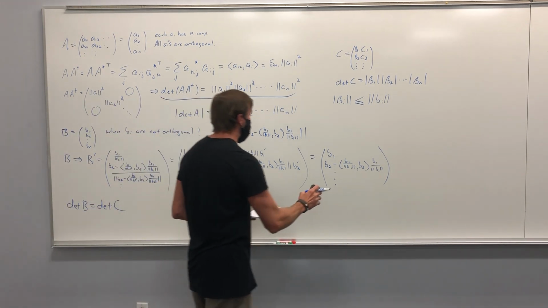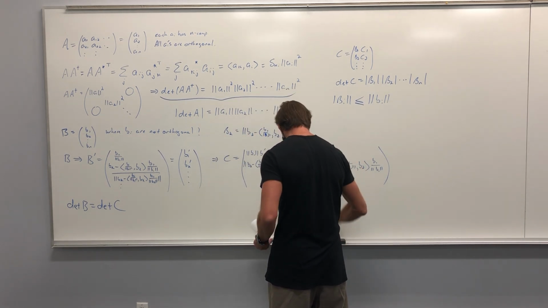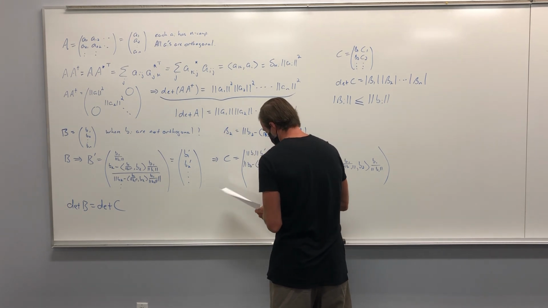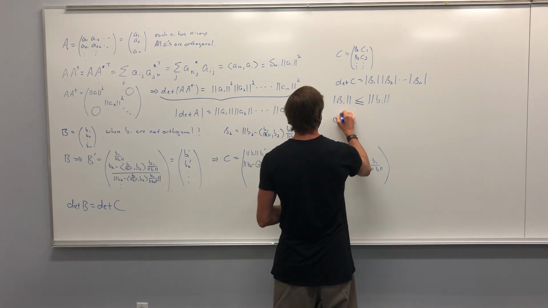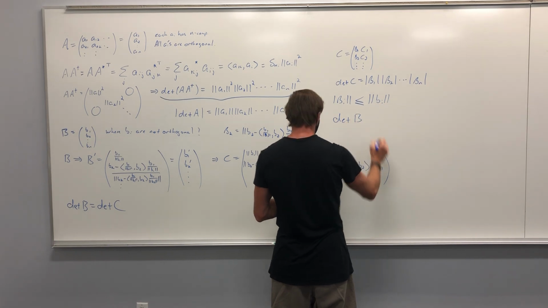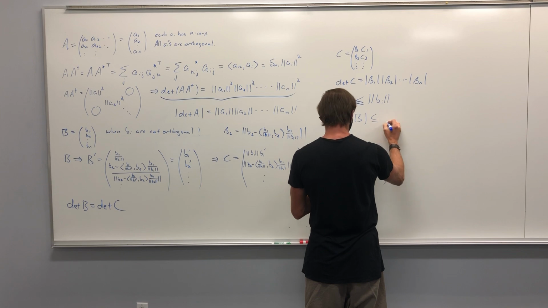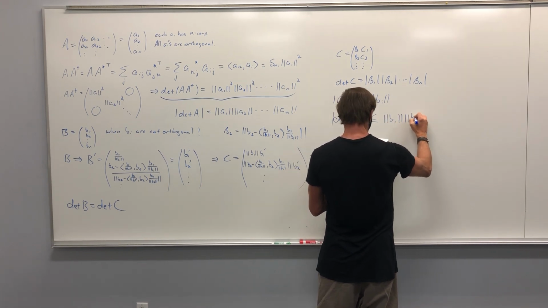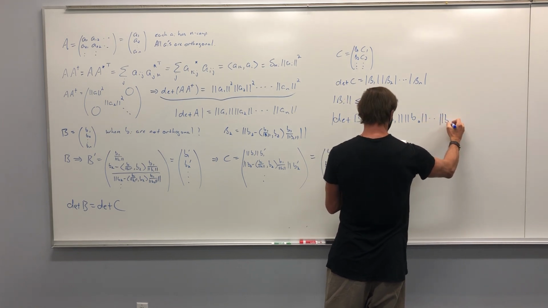And this leads us to an inequality called Hadamard's inequality. Hadamard's inequality basically says that if I take the determinant of an arbitrary matrix, then the magnitude of the determinant is less than or equal to the product of all of these normalizing factors.